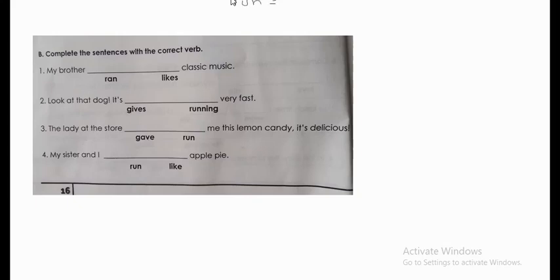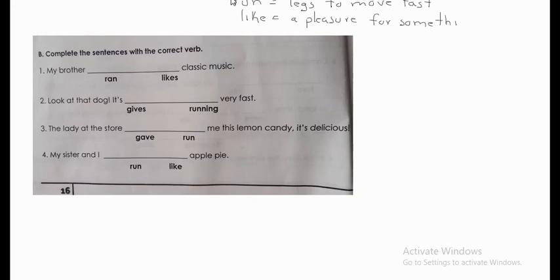Run is when you use your legs to move fast. What else? We have like, okay, I use like when I want to express that I feel pleasure for something, okay?